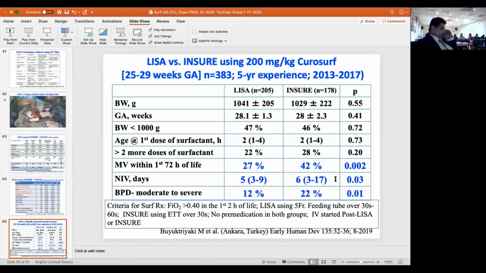BPD, moderate to severe, was 12% versus 22%. Criteria for surfactant treatment was FiO2 greater than 0.3 in the first 2 hours of life. They used a 5 French feeding tube and gave surfactant over 30 to 60 seconds. They did not use any medication.